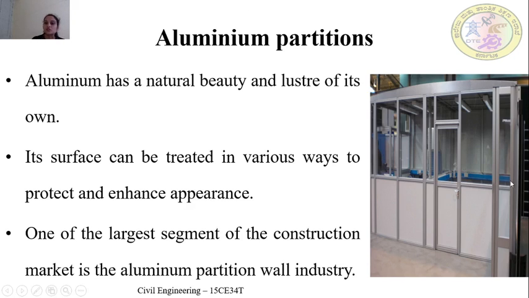In this picture you can observe I have put the aluminium partition wall. Here it is a combination of glass as well as aluminium. For the aluminium frame, the glass has been inserted.